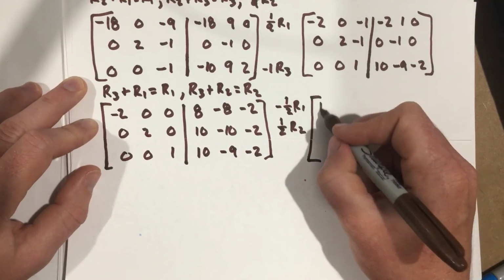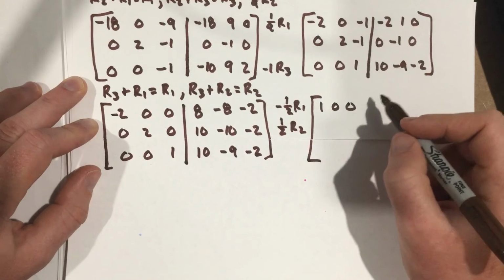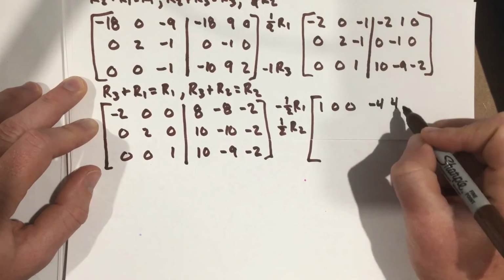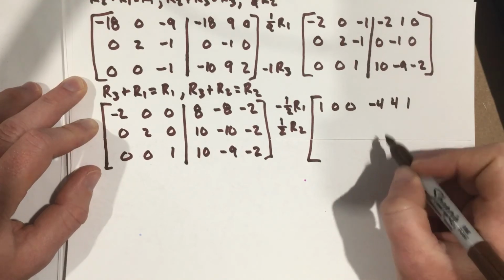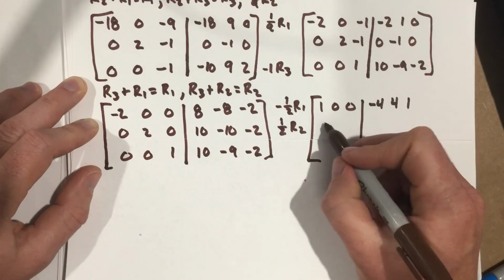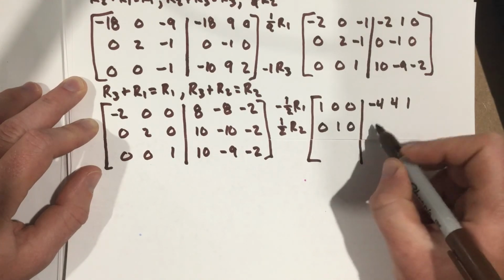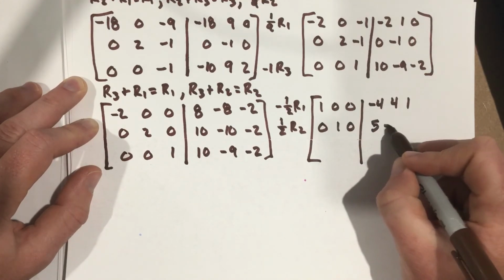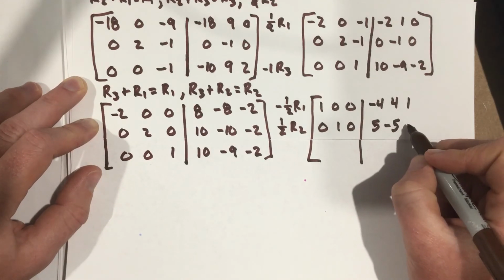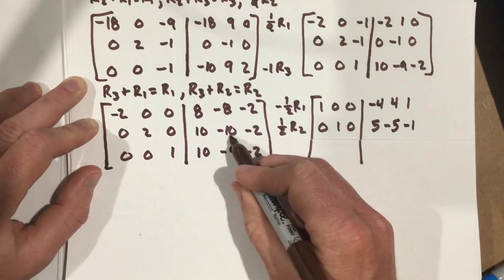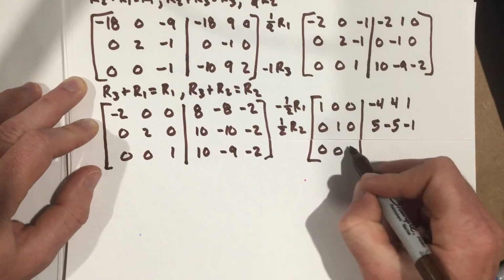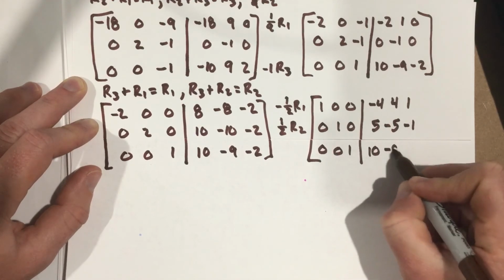That'll give us 1, 0, 0, negative 4, 4, 1. And then 1/2 times the middle, 0, 1, 0, 5, negative 5, and negative 1. Right, half of negative 10, negative 5, yes. And the bottom is still 0, 0, 1, 10, negative 9, negative 2.